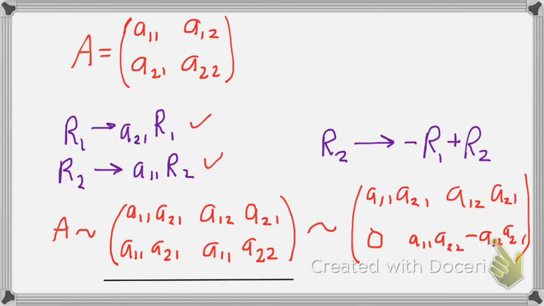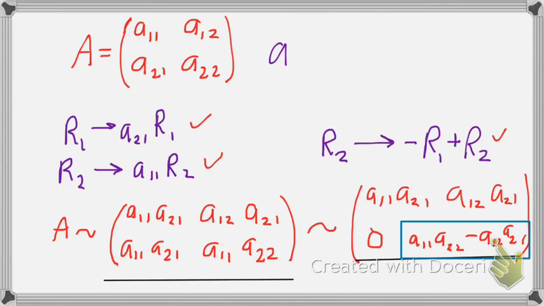Now, applying this last row operation, R2 is now negative row 1 plus row 2, we get this resulting matrix, which is in RREF. Now, looking at this matrix, how can we guarantee that we have a unique solution? For us to have a unique solution for this system, of course, we do not want this to equal 0. So what do we notice?